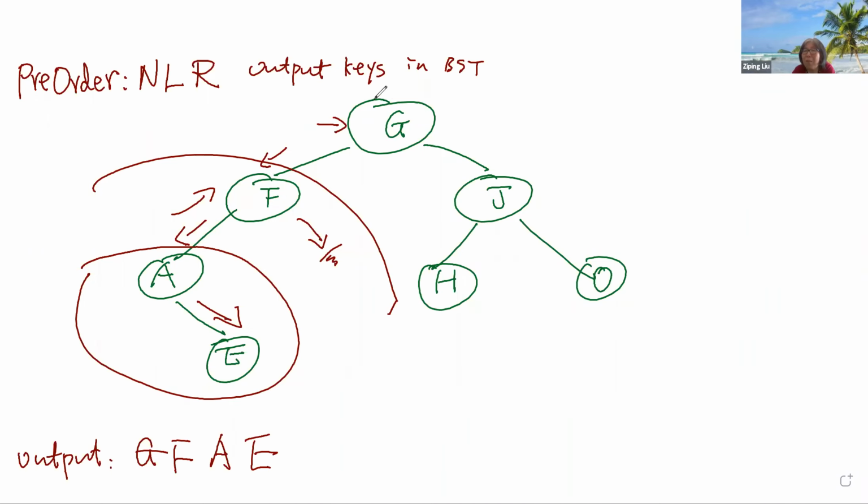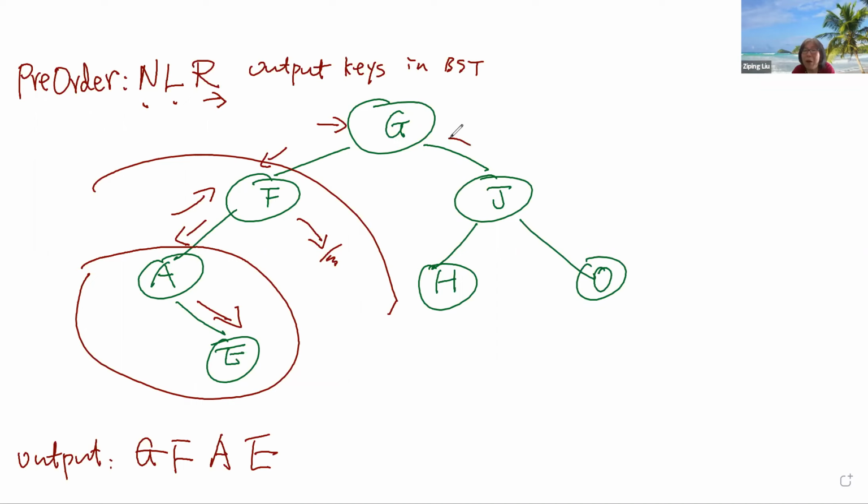So come back to node G. And node G, its left is done. The node itself is done, left is done, then what? You should move to node G's right.